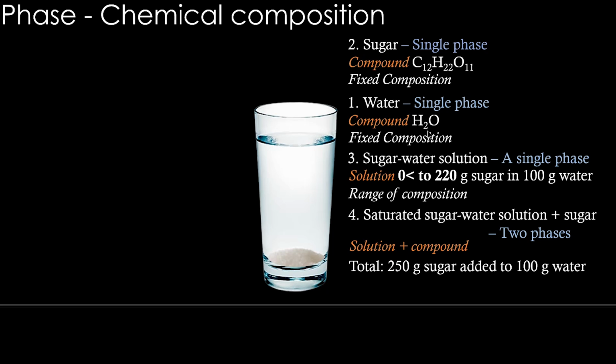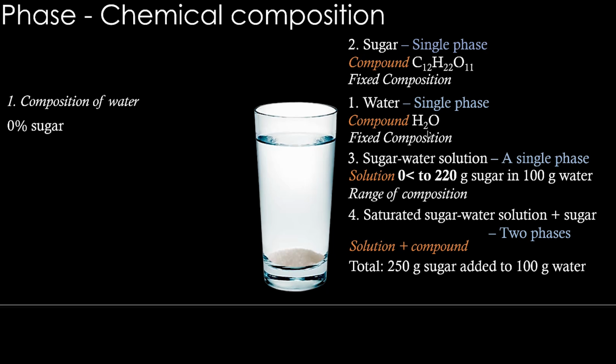Right? Now think about the composition of all this. For composition of water, we are going to say it as 0% sugar. So all of a sudden, instead of calculating percentage of hydrogen, we are saying percentage of sugar. Okay, that's fine, because the component that we consider here is not hydrogen but sugar, because the problem here is about sugar water dissolution, not about water formation from hydrogen and oxygen.